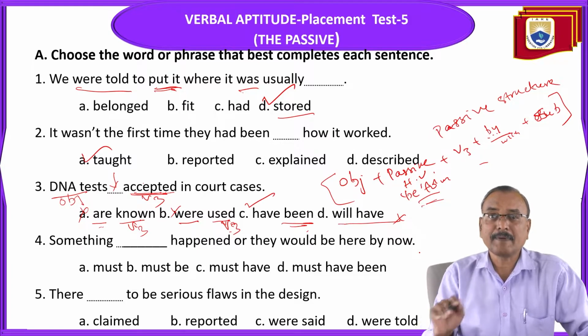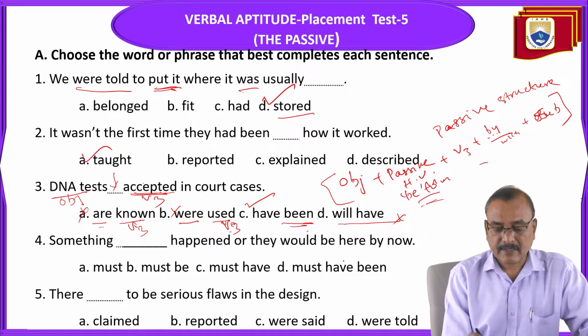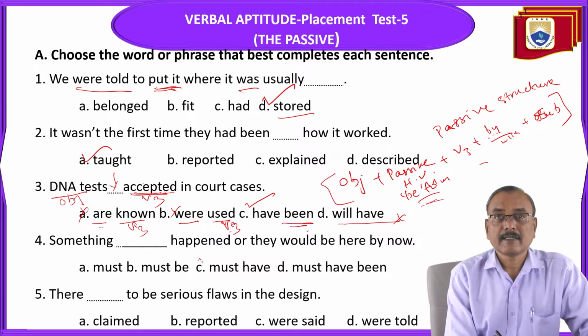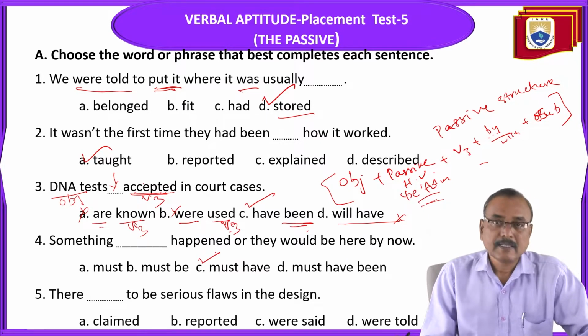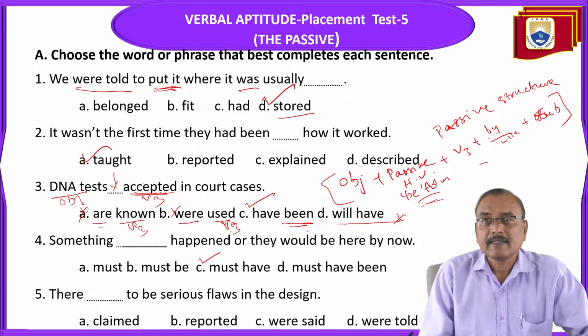Must have happened means this is active voice only. Right? Something must have happened. It might have done. It must have happened.